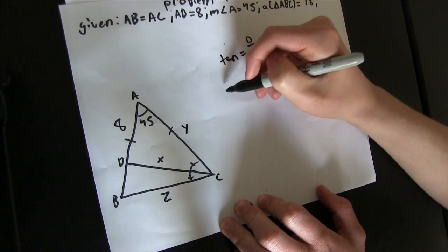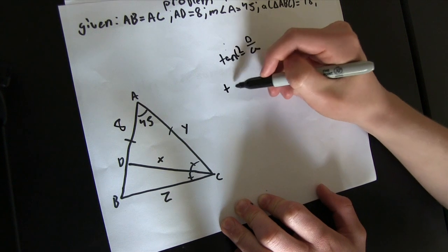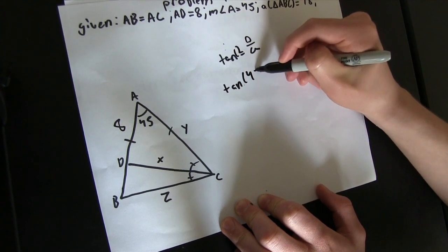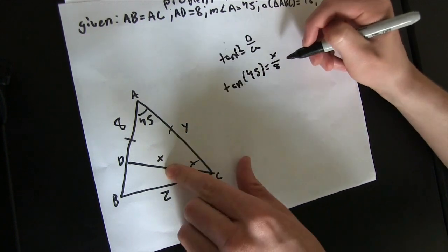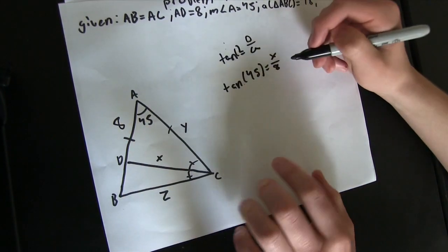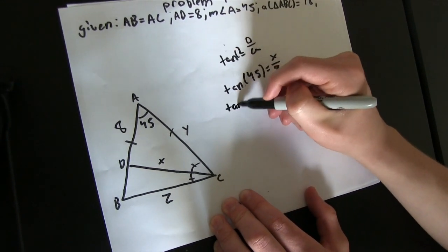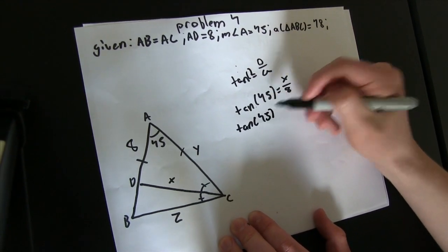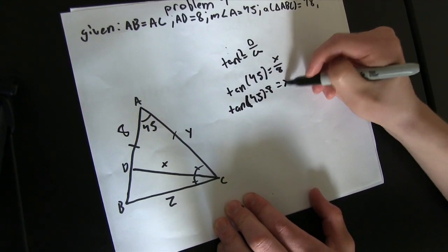So now we've got tangent of 45 is equal to x over 8, because this is the opposite and that's the adjacent. We want to solve for x here, so we get tangent of 45 times 8 is equal to x.